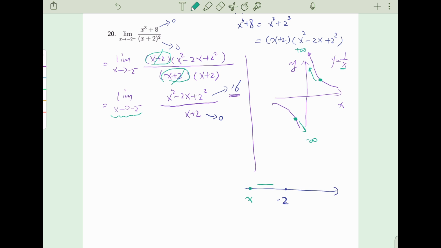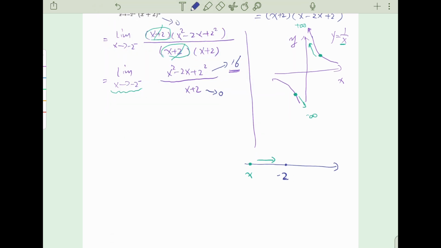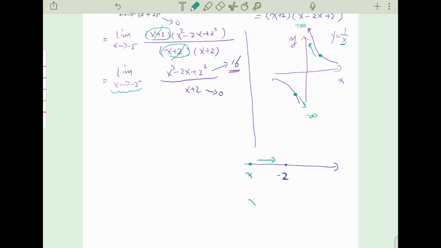It's going to here from the left side. Right? So what does it tell us? It tells us that this x minus negative 2, which is just the same as x plus 2, this expression is going to be negative.